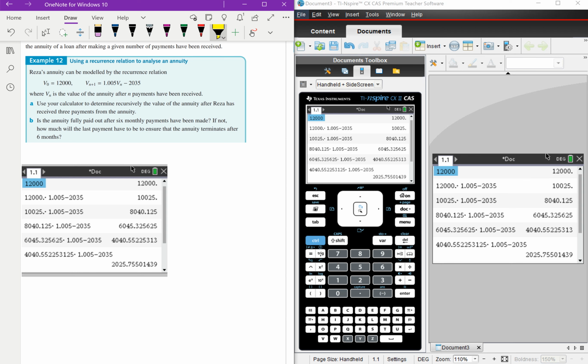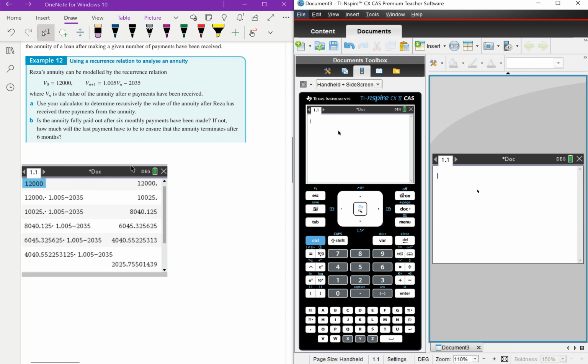Well, on my calculator, if I just do it again from the beginning, all I did was I said it's $12,000 that Reza put into the bank. And the bank says, all right, cool, I'm going to give you back a 6% rate per annum, which worked out to be 0.5% per month. Then every month they're going to give you back 0.5% of your initial amount.